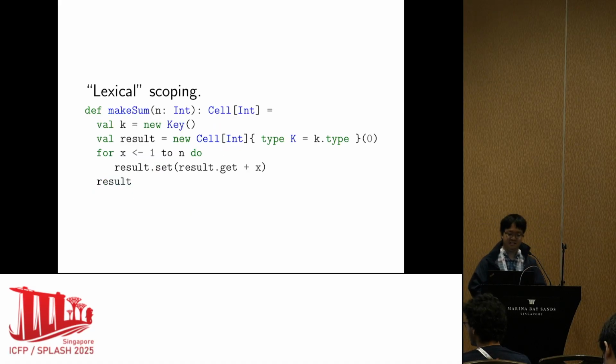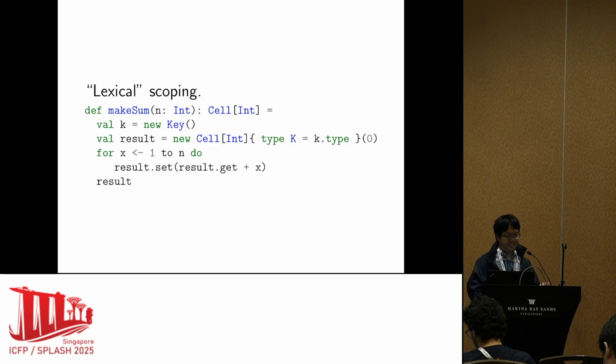And we can also get some nice lexical-ish scoping. If I have a function that makes a cell and mutates that cell within it, I can allocate a key that's hidden in that function, and create the cell tied to that key by using the appropriate refinement, here type K = k.type. I set it, forgetting at first to pass in k, but that's done, and then return it.